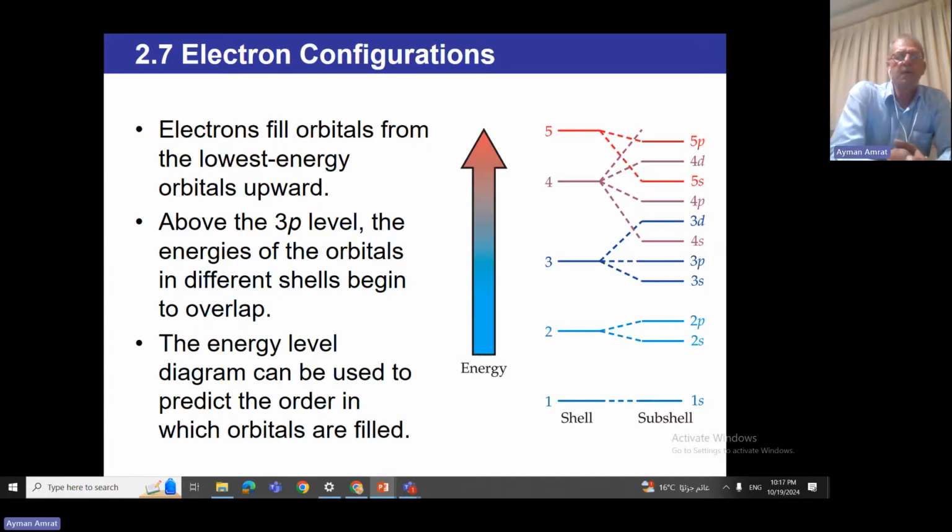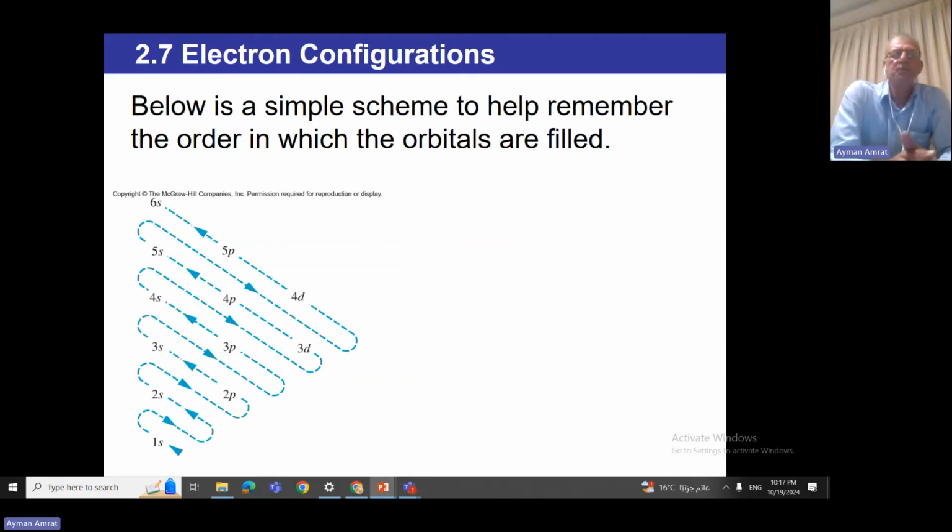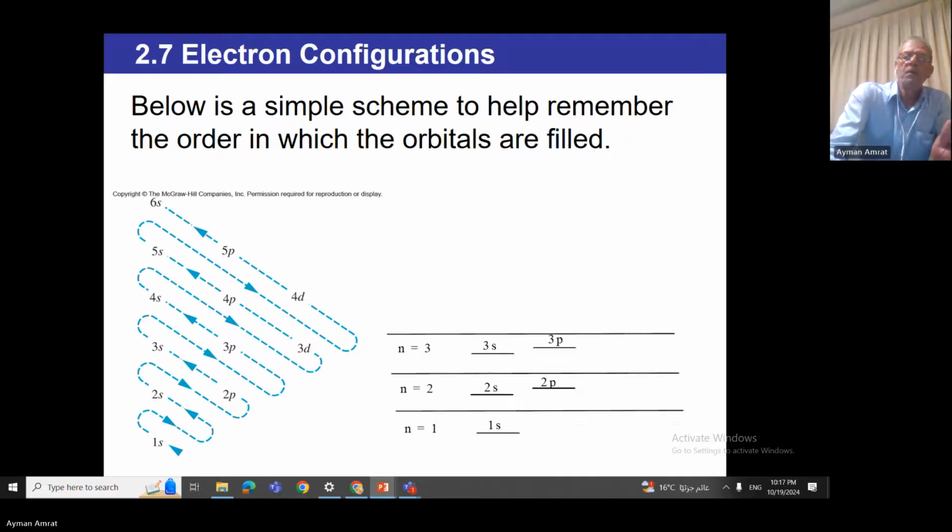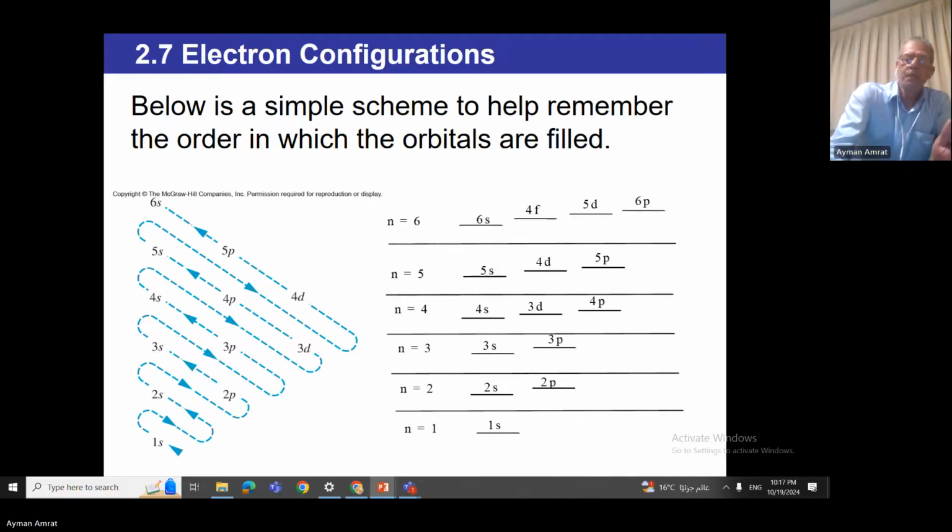The energy level diagram can be used to predict the order in which orbitals are filled. This scheme shows the priority of orbitals to be filled first: 1s, second 2s, third 2p, and 3s, then 3p, 4s, and so on. This scheme is for electronic configuration from the lowest to the highest energy level.